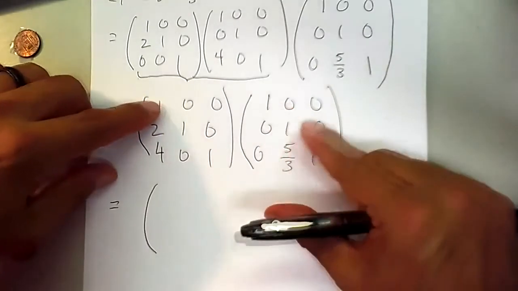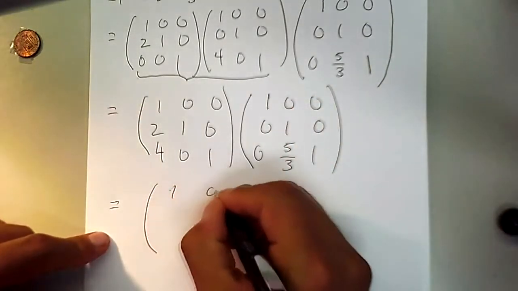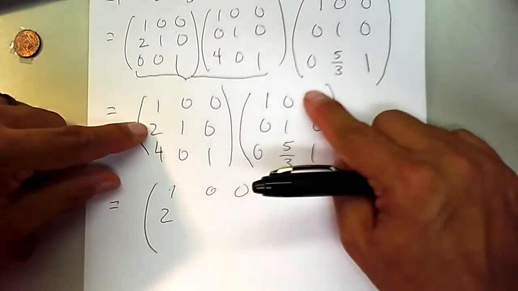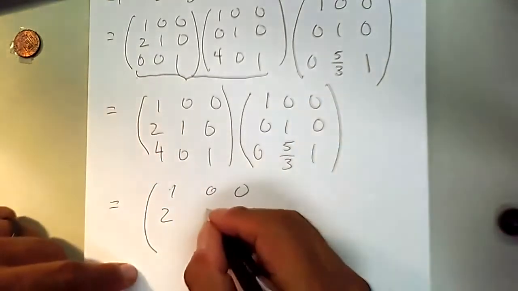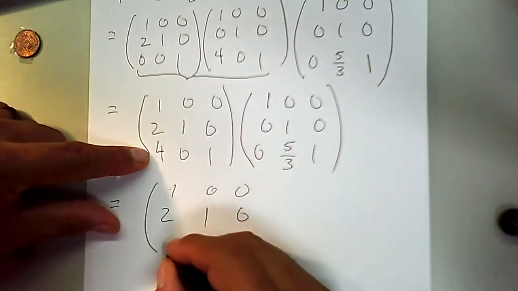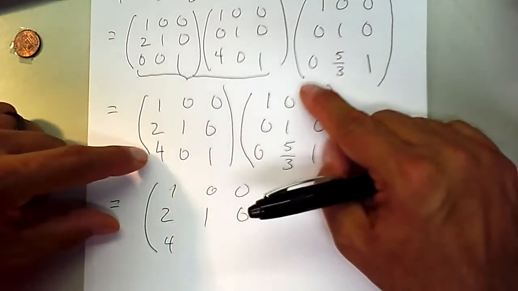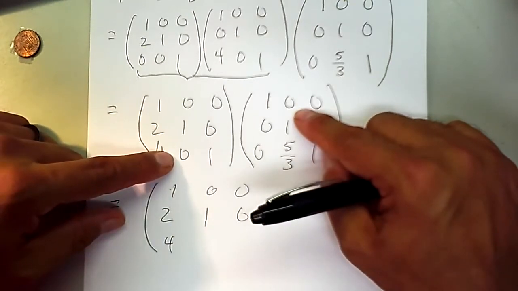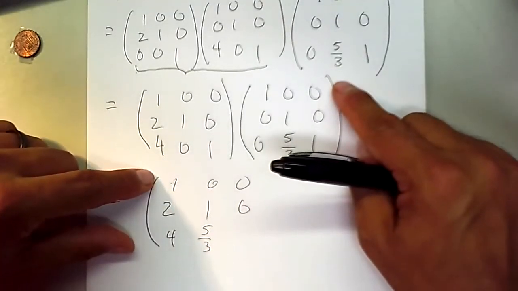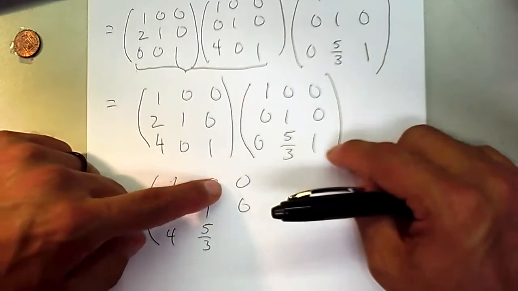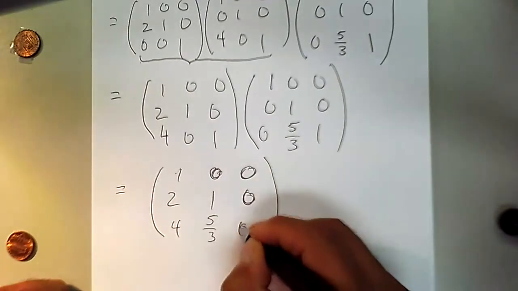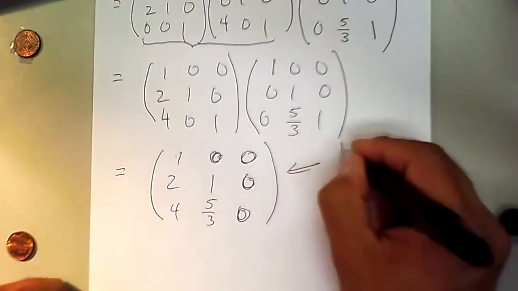So 1, 0, 0, and then 2, and 0, 1, 0, and then 0, 4, 0, 0, 5/3, and then 0, 0, 0. And notice that this matrix is lower triangular. So this is our L.